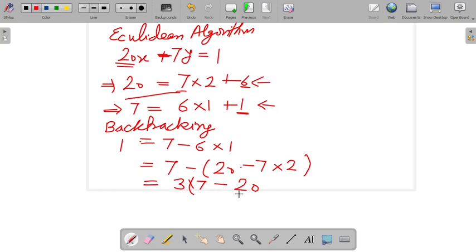So you know, this was the phi, this 7 was the E, so this becomes D. So here the value of D is equal to 3. Now take the value of D and apply the encryption and decryption.